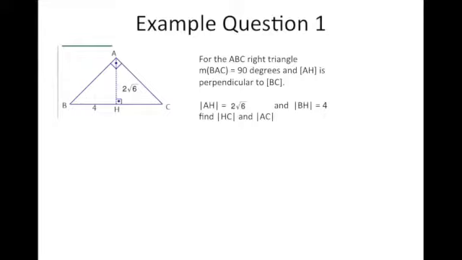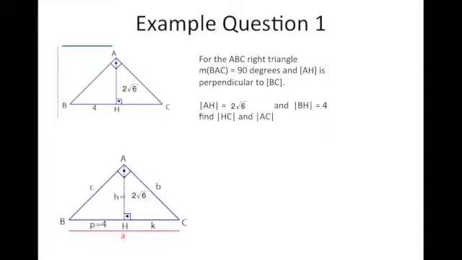Now, to find the answer, we must first label the sides with H, P, K, C, B, and A. And to find HC, we are going to use the formula height squared is equal to P times K. And if we put the values in, it will become 2 root 6 squared is equal to 4 times K. And then 2 root 6 squared is equal to 24, which is equal to 4 times K. And if we divide 24 into 4, it will give us the value of K, which is also HC. We know that K is equal to 6.